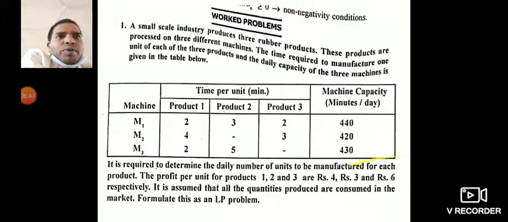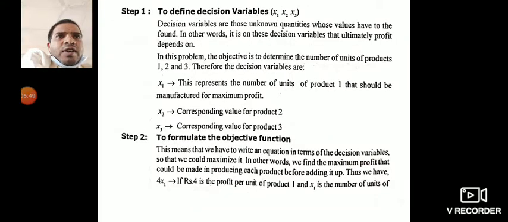Now go for formulation. How are we going to formulate? First, define the decision variables. Here x1, x2, x3. X1 means the number of units of product 1 that should be manufactured for maximum profit.